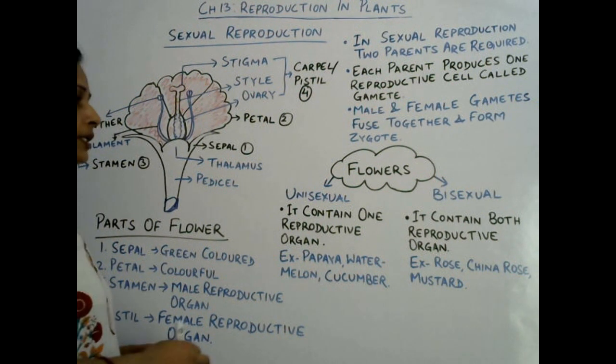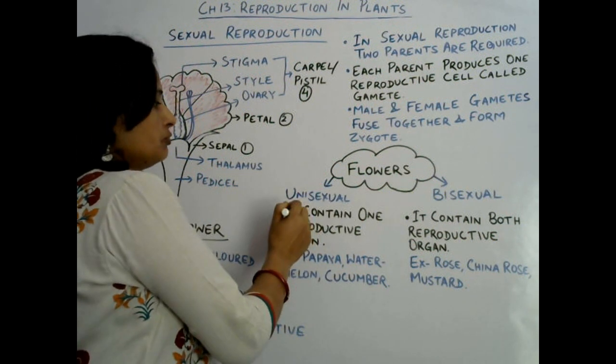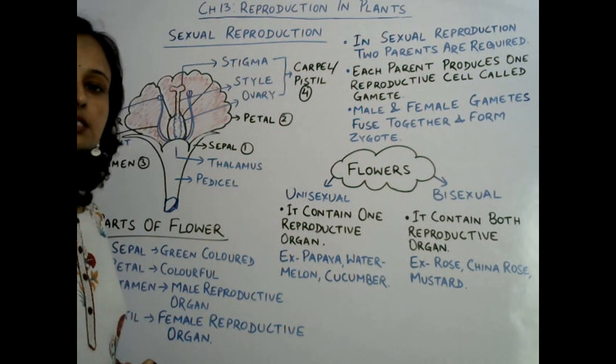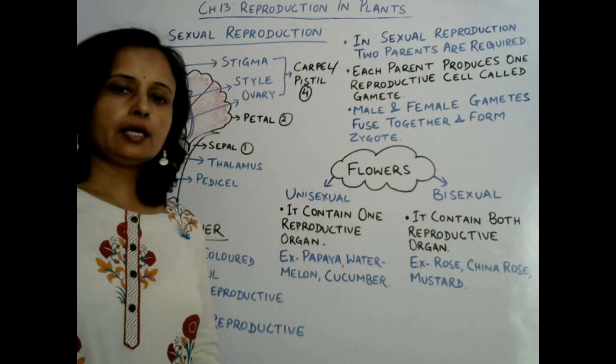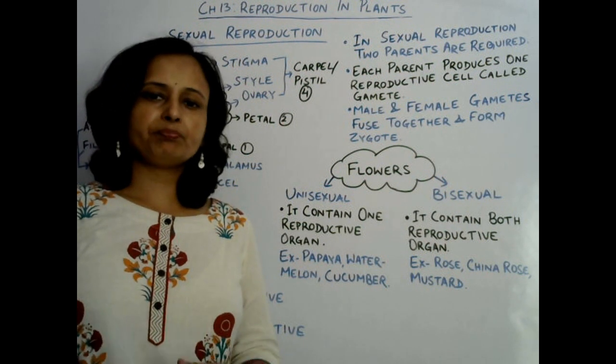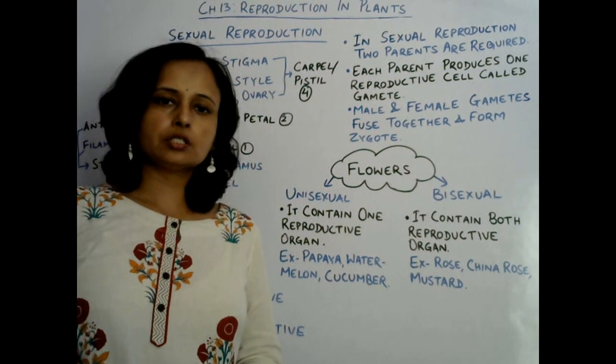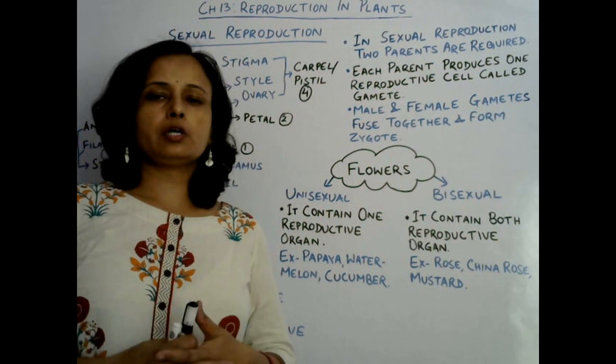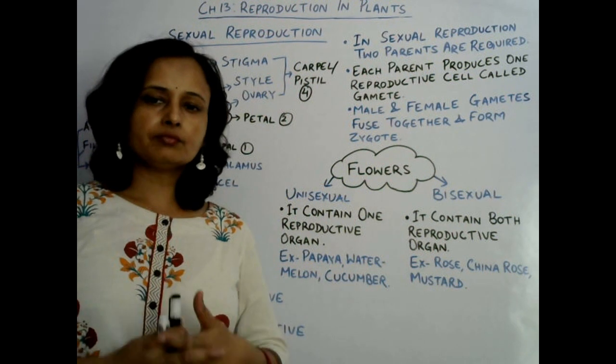Now let us discuss flowers. Flowers are basically of two types, unisexual and bisexual. In some flowers only one reproductive organ is found, and in some flowers both reproductive organs are found.